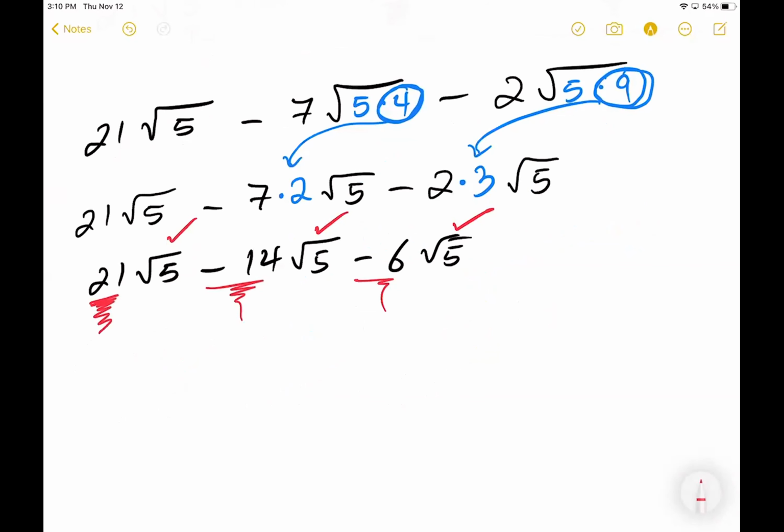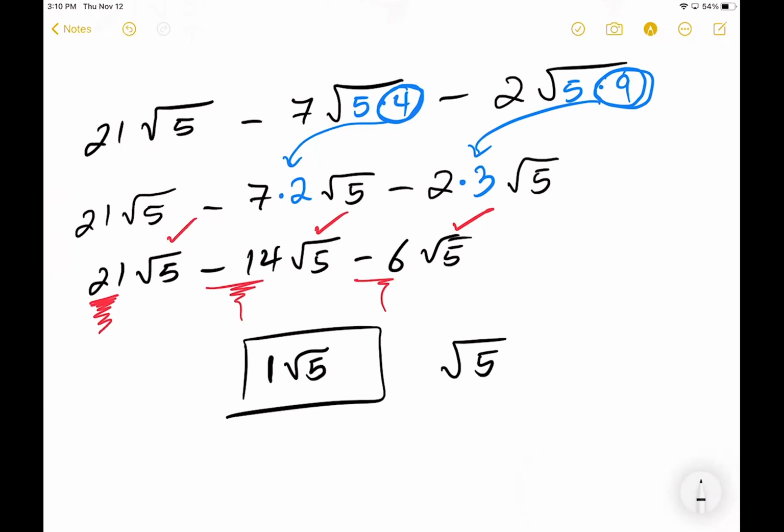So how many square root of 5 do I have? Well, 21 take away 14 will give you 7. 7 take away 6. Do you agree that you still have 1 left? And again, you can say 1 square root of 5 or simply just square root of 5.